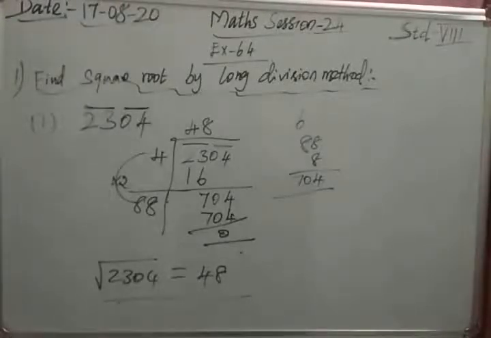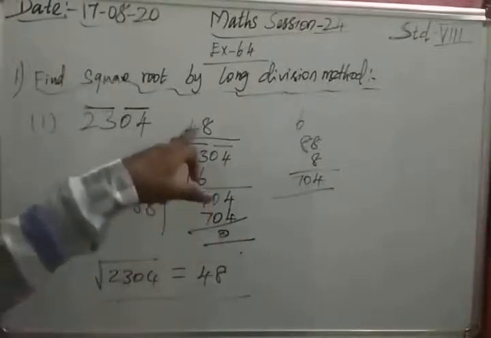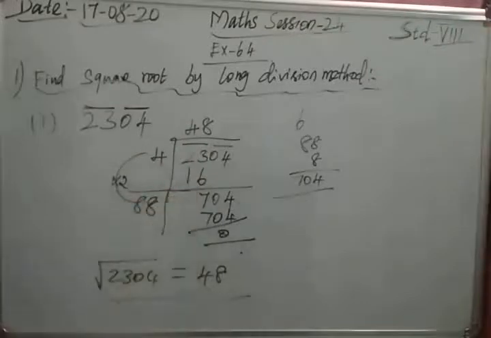Once again I am telling you, just listen. Whenever the value is given, immediately you have to take the bar values from the right hand side, in groups of 2 numbers. So there is 2304. For the 23, we have taken the square number, that is 4 4s are 16, balance 7.